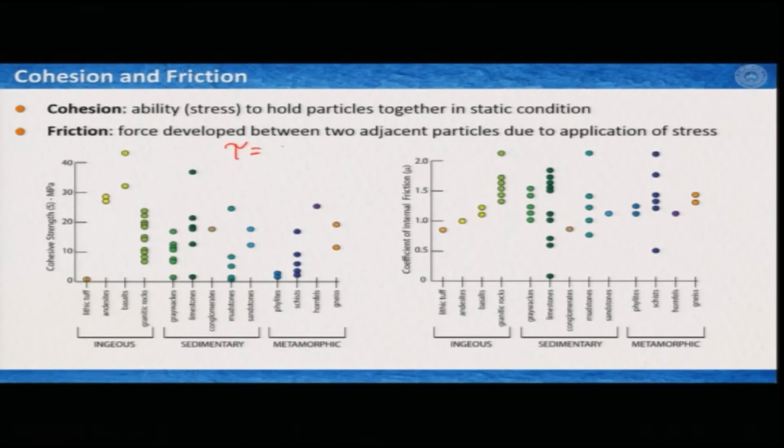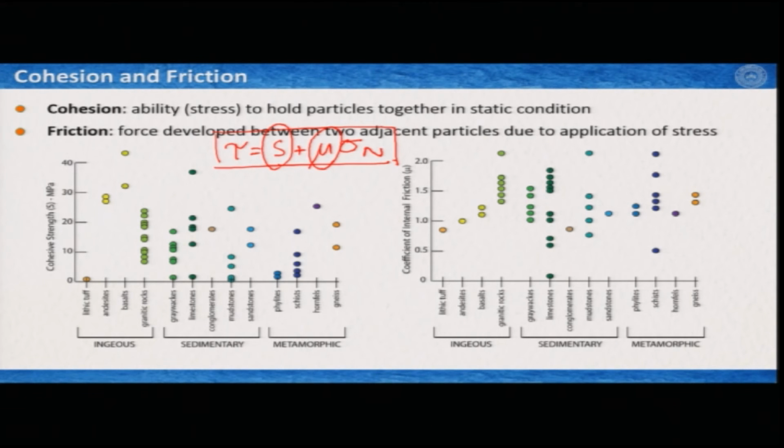When you have that, these two grains would like to stick to each other, but because of this external force they cannot, and the resistance by which they can stick together is measured by a parameter known as friction. Now, in the previous equation we wrote in general tau equal to cohesion plus mu multiplied by sigma n. This is the Mohr-Coulomb failure criteria. Now, the question is: is there any relationship between cohesion and friction?